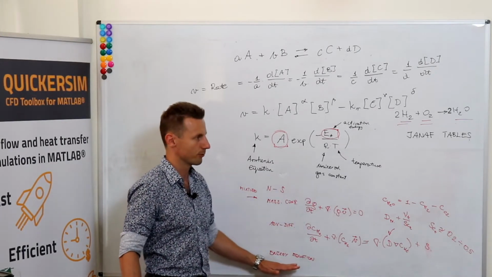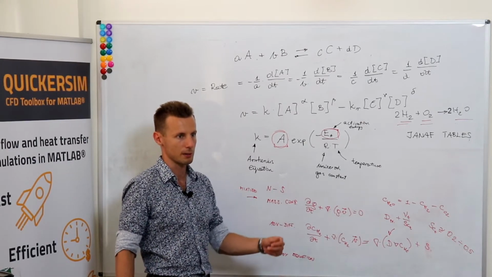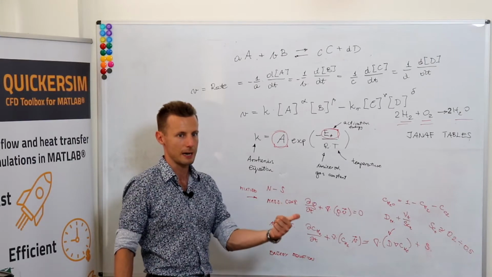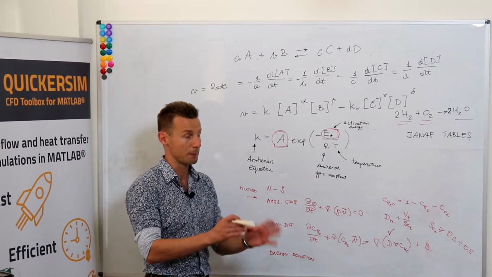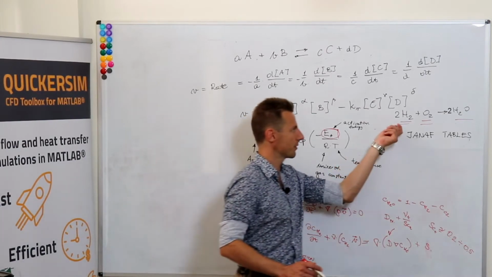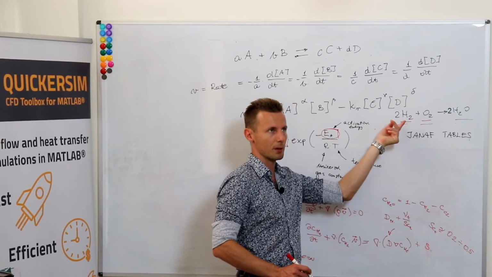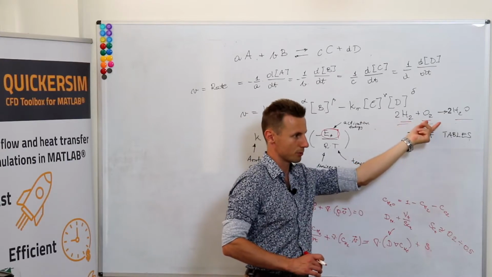You basically write it for the enthalpies, because enthalpies are the best way to represent thermal energy and the energy of the chemical bonds, so basically the chemical energy included in the chemical bonds in such an element or such an element.